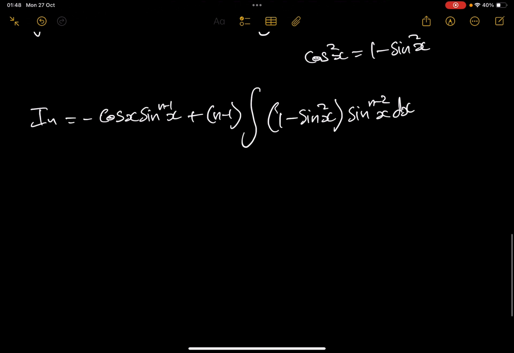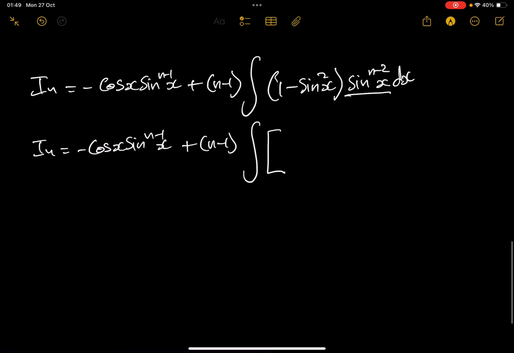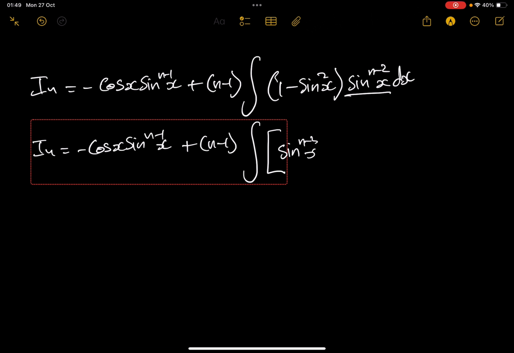So this is where we are. And then you're going to open the bracket using sine to the power n minus 2x, right? So if we further simplify, minus cos x sine n minus 1x plus n minus 1, the integral of, if you open the bracket, you're going to have sine n minus 2x, right? Because this multiplied by this, you get this.